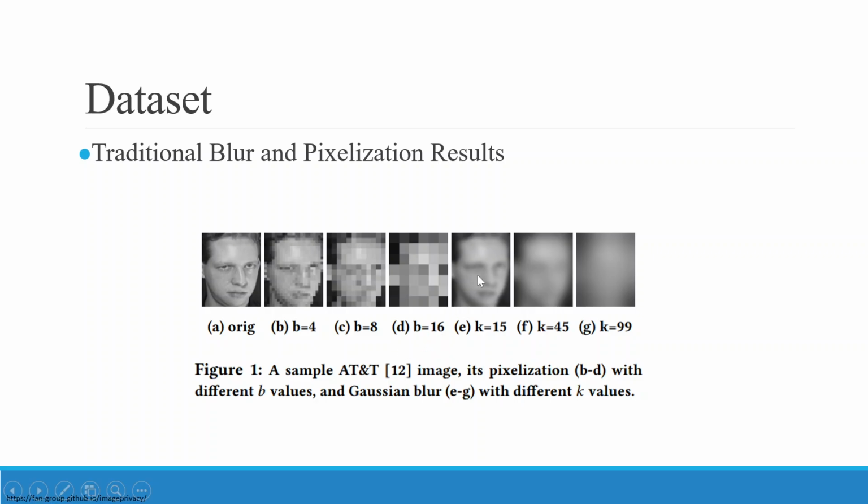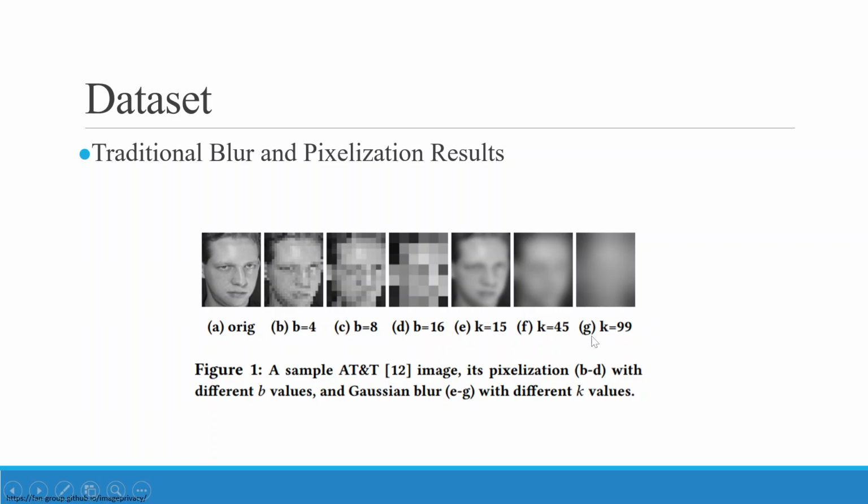And for the blur, the Gaussian blur, here we can use different K parameters of the Gaussian kernel.